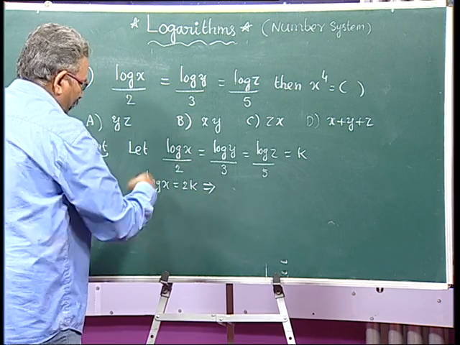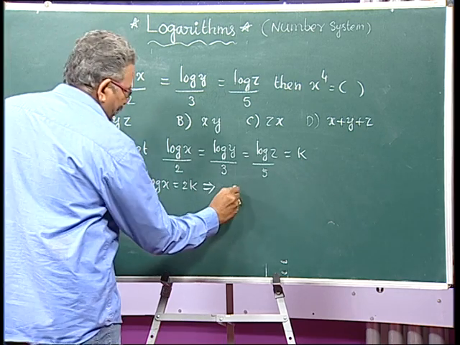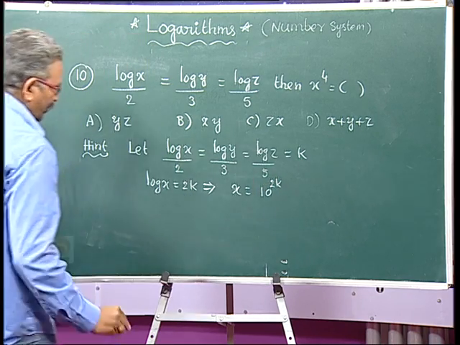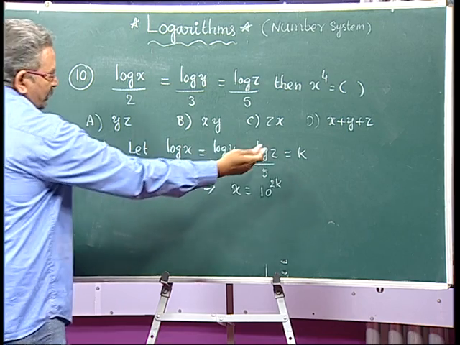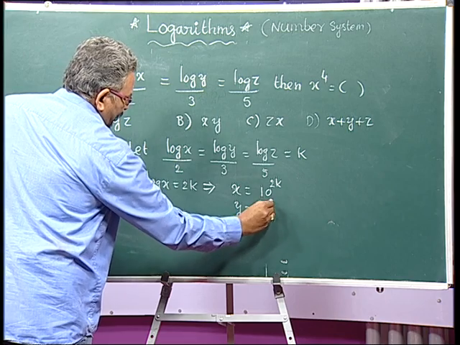Suppose this is a common logarithm whose base is 10. So, x can be written 10 power 2k. In the similar fashion, log y is equal to 3k. Now, y you can write 10 power 3k.